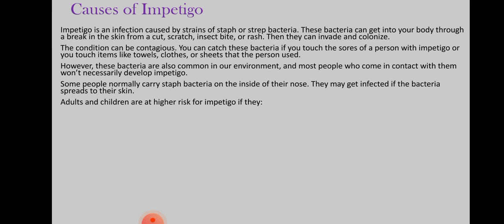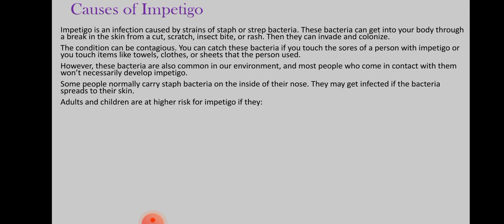You can catch these bacteria if you touch the sores of a person with impetigo or you touch items like towels, clothes, or sheets that the person used. However, these bacteria are also common in our environment, and most people who come in contact with them won't necessarily develop impetigo. Some people normally carry staph bacteria on the inside of their nose. They may get infected if the bacteria are spread to their skin.